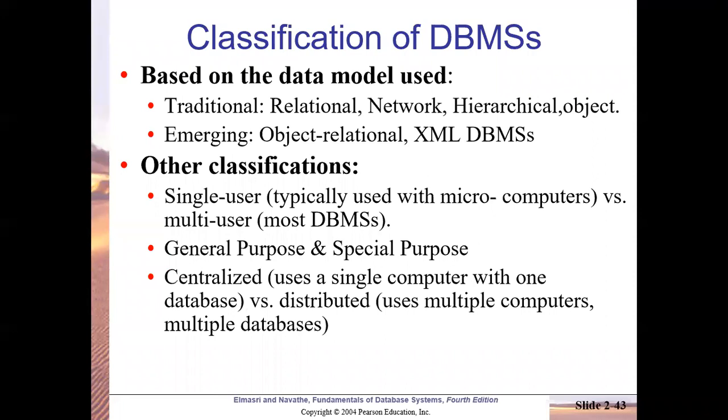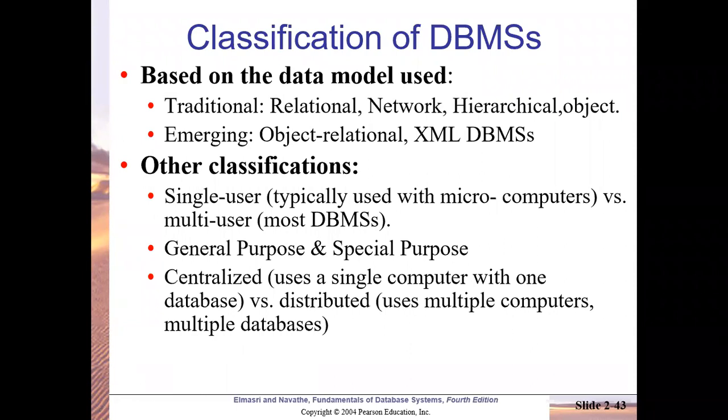Traditional means the old ones, emerging are the new ones. Traditional were the relational, network, hierarchical, object. Of course, relational is still popular, whereas network and hierarchical models are out of date now because of their complexity.